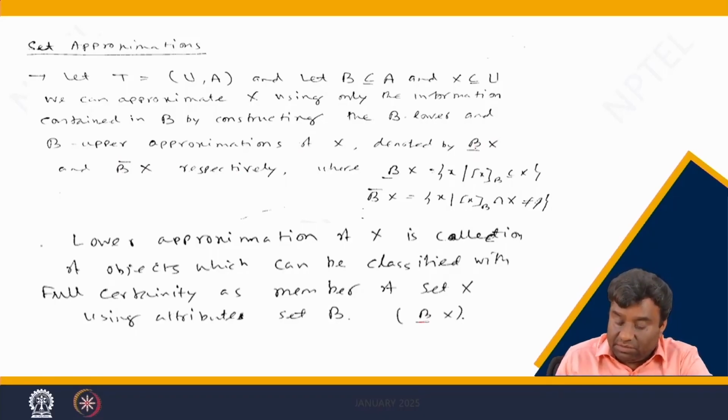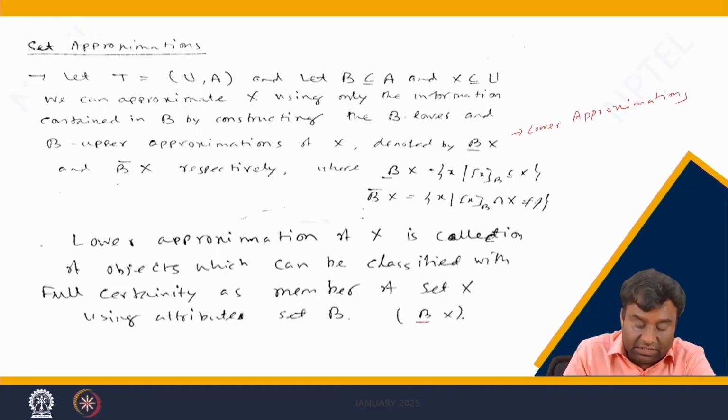That is, the B underline X is the lower approximation, and this is known as the upper approximation.